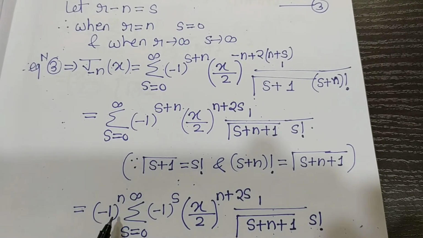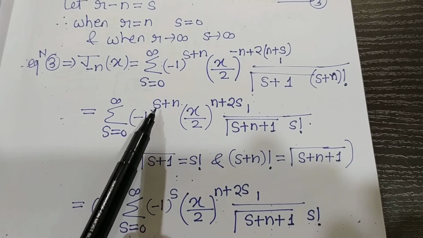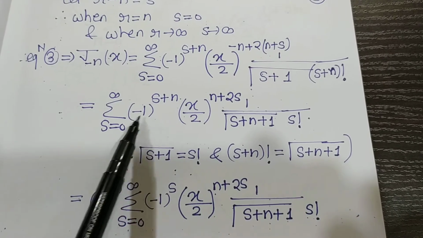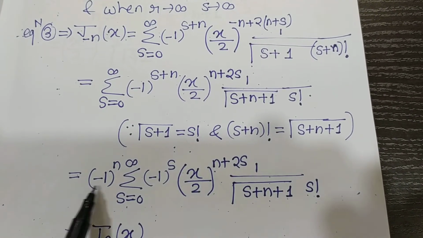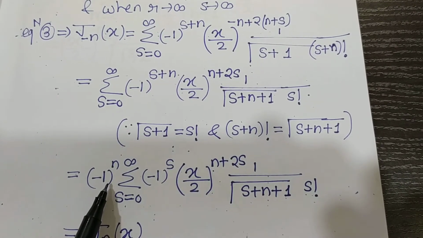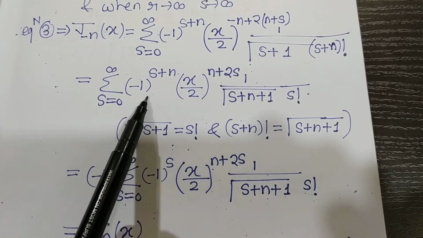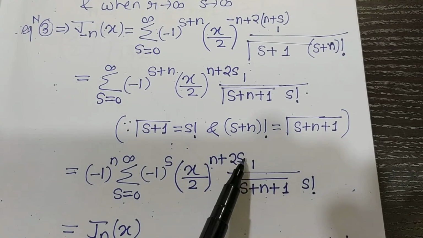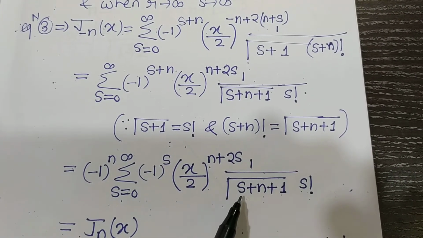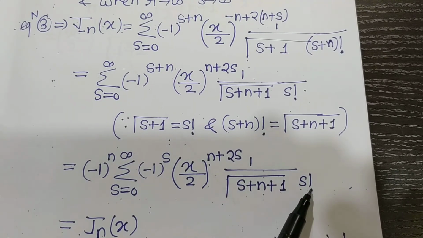So this changes, applying the law of indices, to minus 1 raised to n, taking it outside since it acts as a constant because the summation runs over s. Then minus 1 raised to s, (x by 2) raised to n plus 2s, 1 upon gamma of s plus n plus 1 times s factorial.